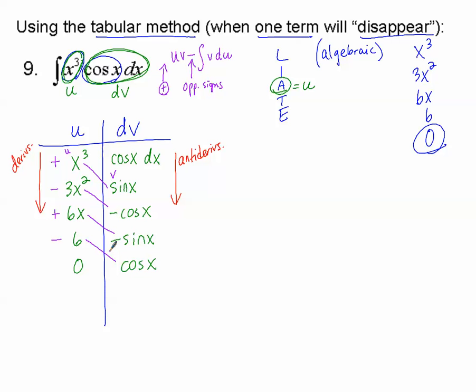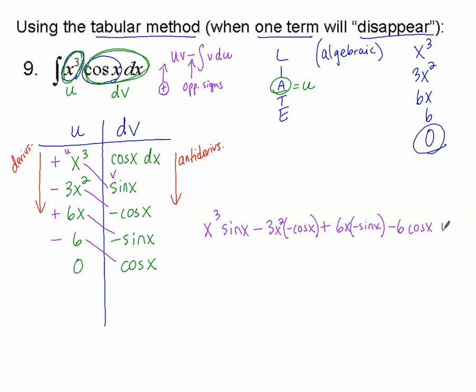So here's our answer. U times v, x cubed sine x, minus u times v, 3x squared negative cosine x, plus u times v, 6x negative sine x, minus u times v, 6 cosine x.